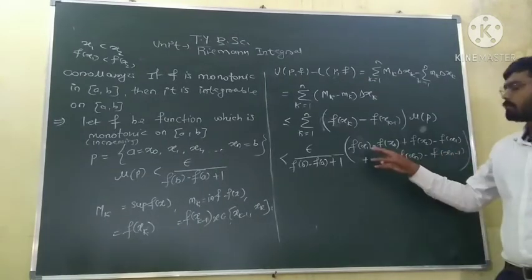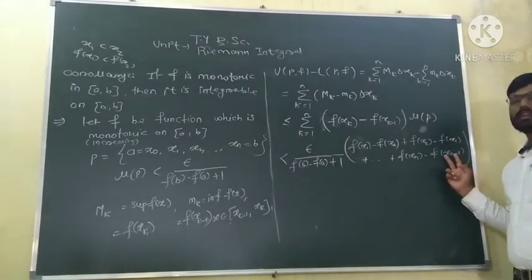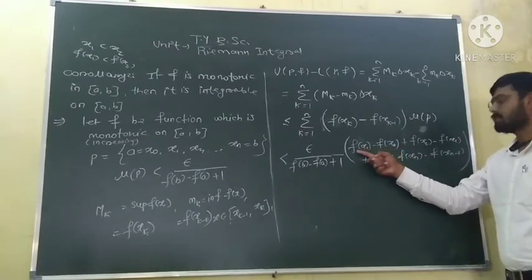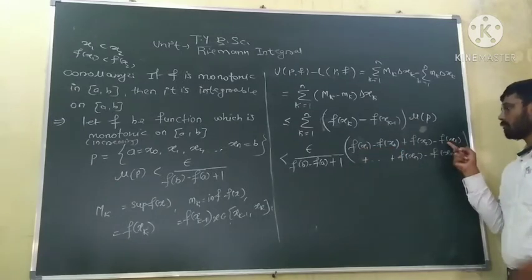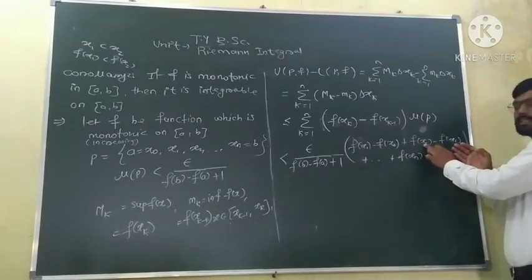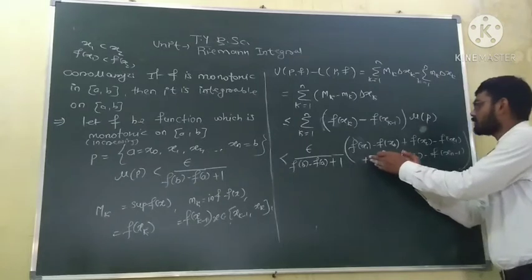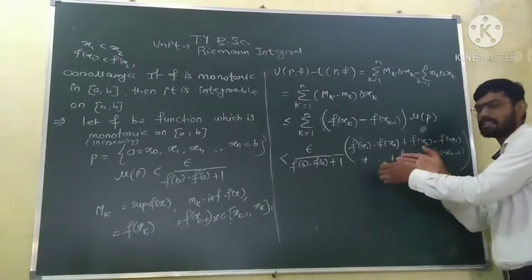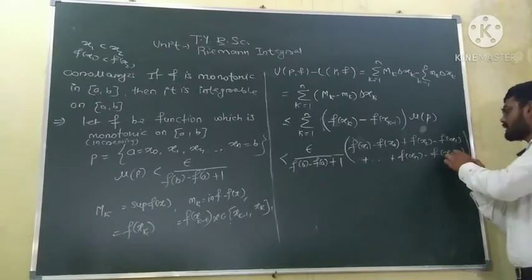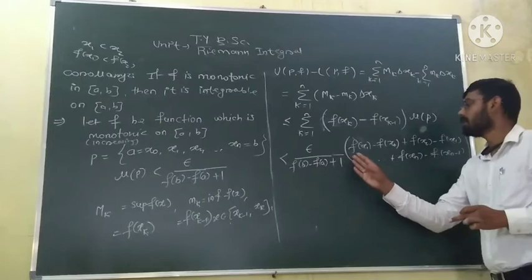So by observation, each term cancels: f of x1 was in plus and in the next term it is in minus, and f of x2 is in plus in one term and in minus in the next, so they cancel. Finally, f of xn minus 1 is in minus, and before this term it will be plus.